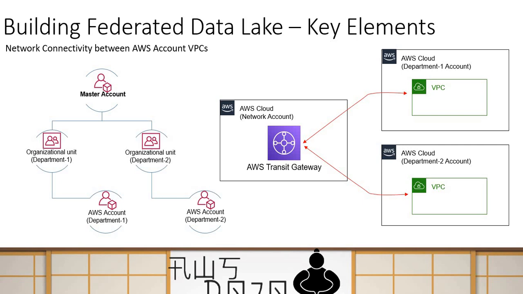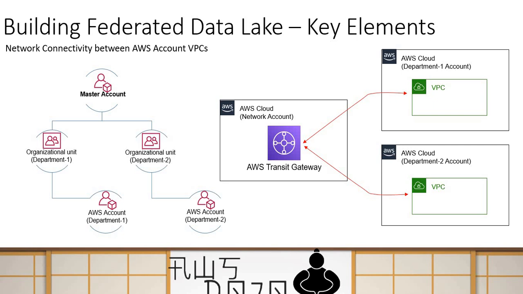In that network account, you can use AWS Transit Gateway to provide transit connectivity between these two VPCs. You can go for direct peering as well, but that's not advisable. If you want to build a scalable solution, you should use a transit gateway kind of solution to provide connectivity between different VPCs running in different accounts.